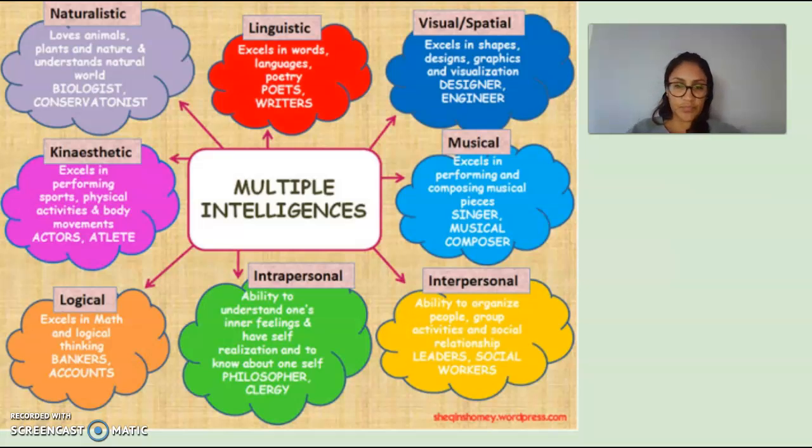So these intelligences can help a student identify which way they learn best. It can also help us as instructors.